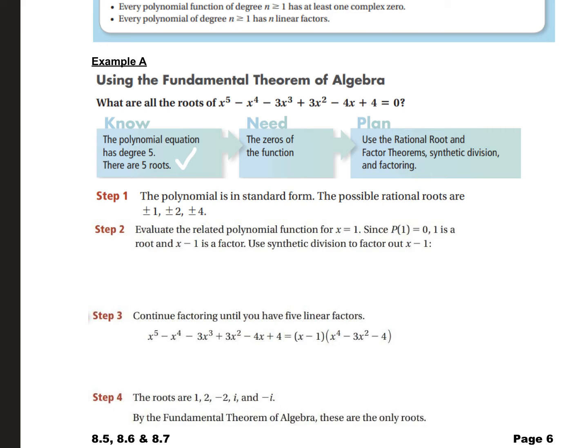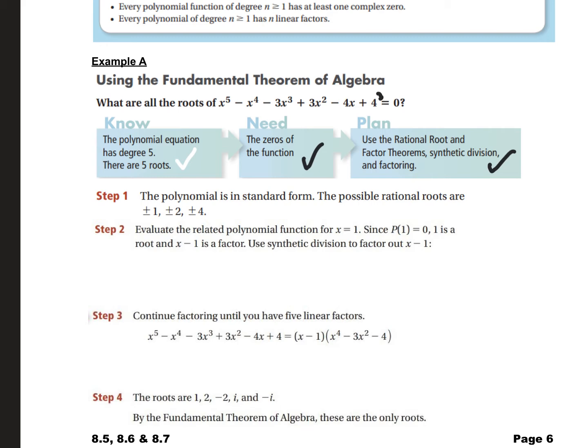And what we're trying to find are the zeros. For us to figure out the possible zeros, we're going to use what we used last time, the rational root theorem. So step 1, we need to figure out the factors of the constant.